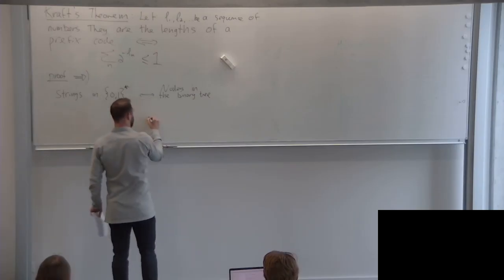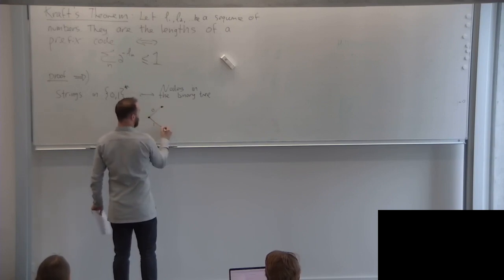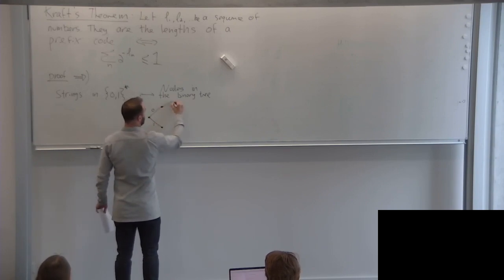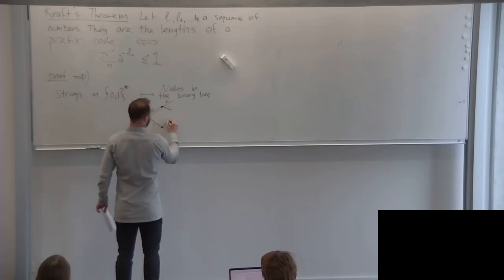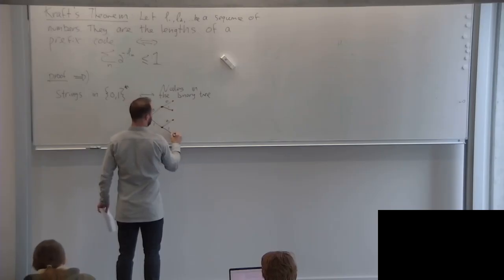You start with a root, and then if you take this path, you're taking the path 0. If you take this path, you're taking the path 1. Then you've got another node, and then 0, 1, 0, 1, and I'm now with 4 nodes.